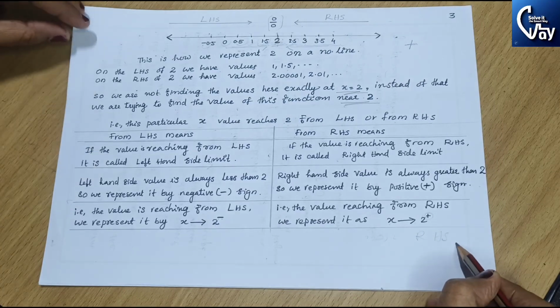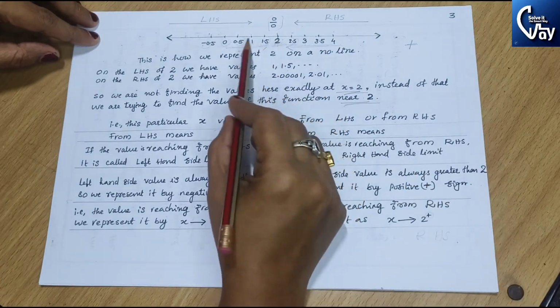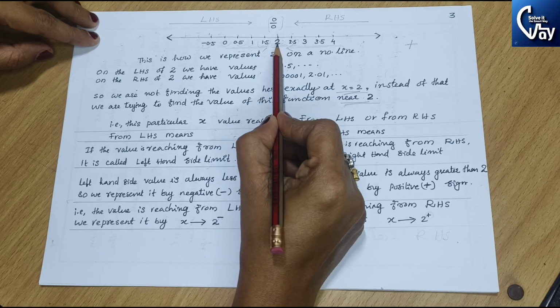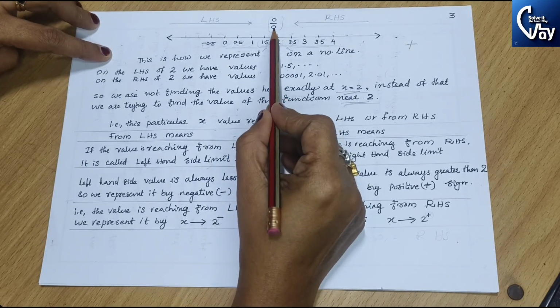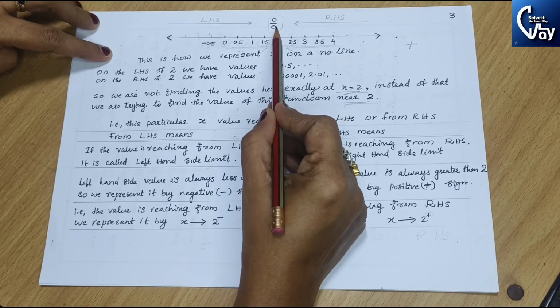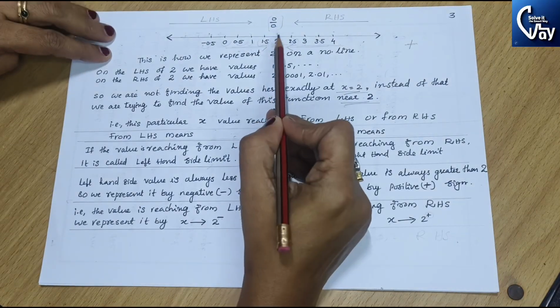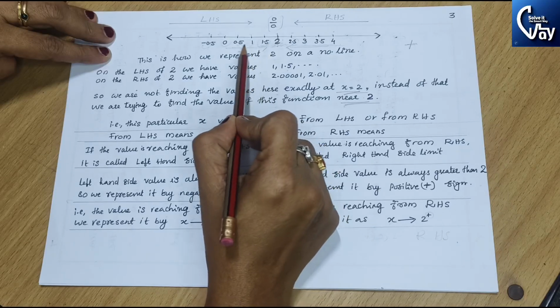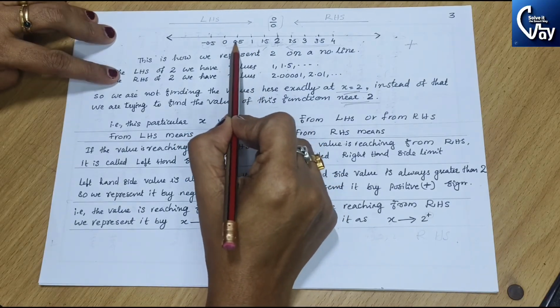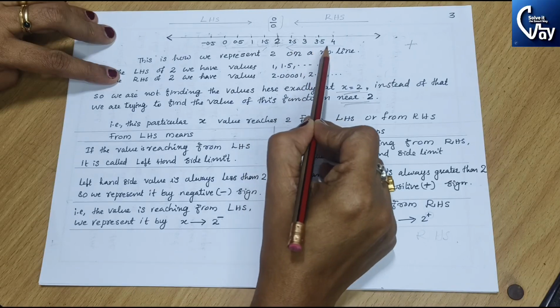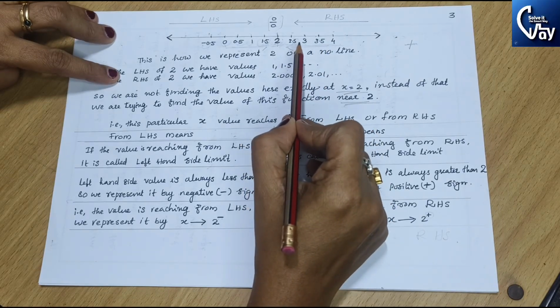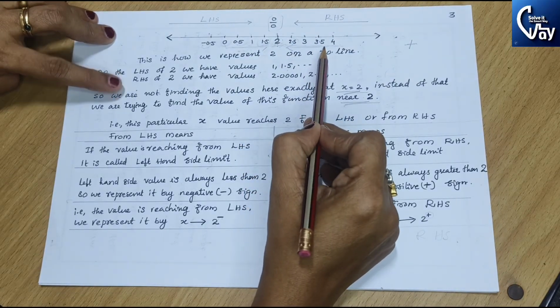RHS. Is it clear? This is a number line. This is a representation of 2 on a number line. At 2, the value of the function is 0 by 0, as we explained earlier. This form is known as indeterminate form. The left side values are less than 2, so we represent it by a negative sign. All the right side values are greater than 2, so we represent it by a positive sign.